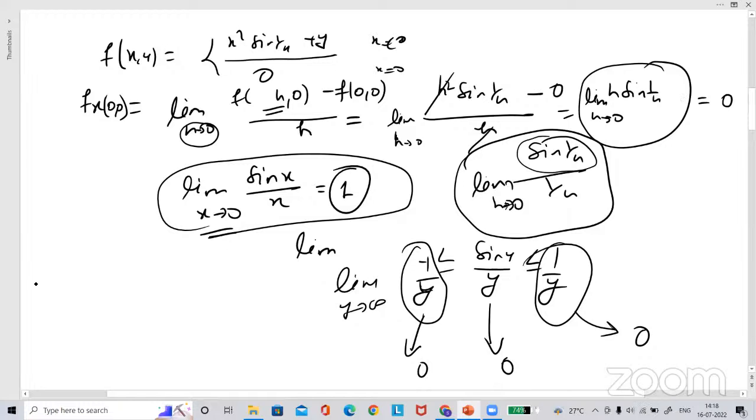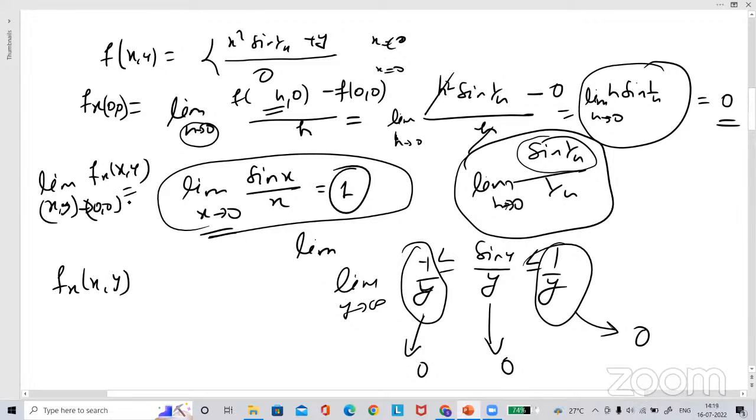Now when you need to find the partial derivative when x is non-zero, then you will compare, you will do limit xy goes to 0, because exactly at that point you already got the value. When non-zero you have to find that function and then find the limit, and if this limit is exactly equal to this, then your function is going to be continuous.